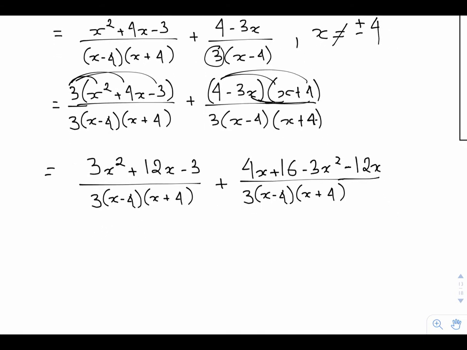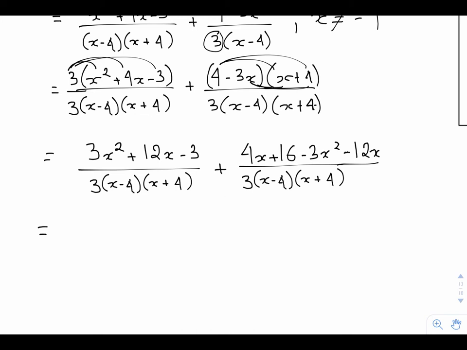And I can combine this into one fraction now. So let's see what we get. Big fraction line, same denominator. And I'm going to do 3x squared, and negative 3x squared becomes 0, so it cancels. Notice that the 12x and the negative 12x cancel.